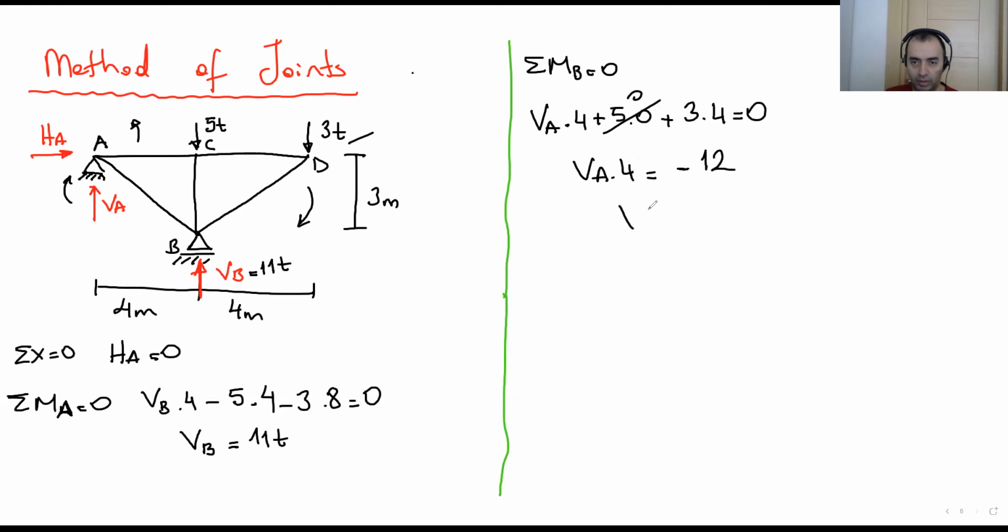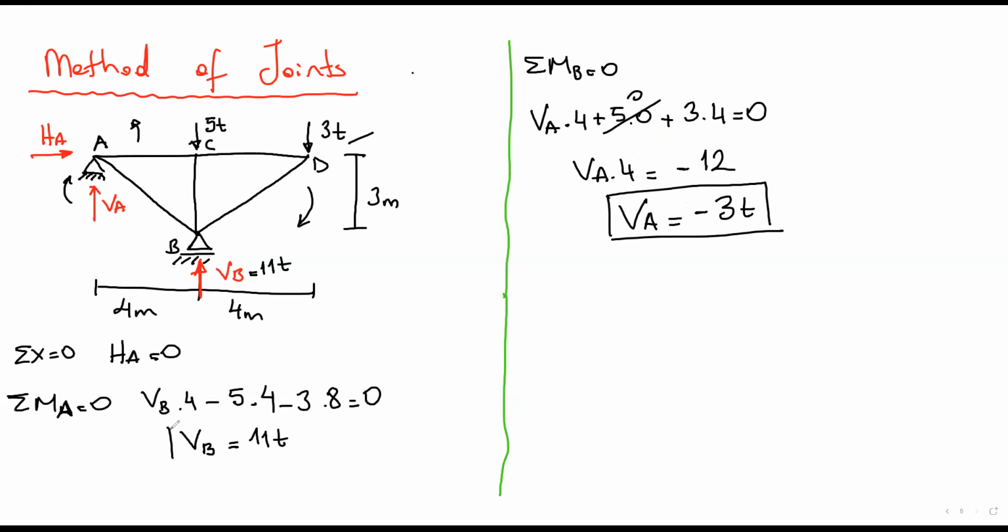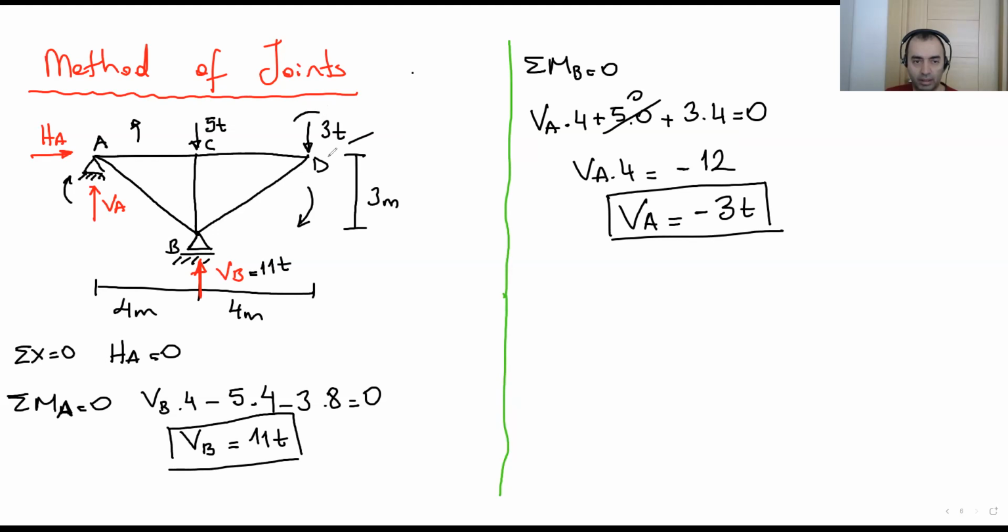So here vertical A equals minus 3 ton. Okay, these are the support reactions. Somehow 3 is positive. This one, this 3. Yes.